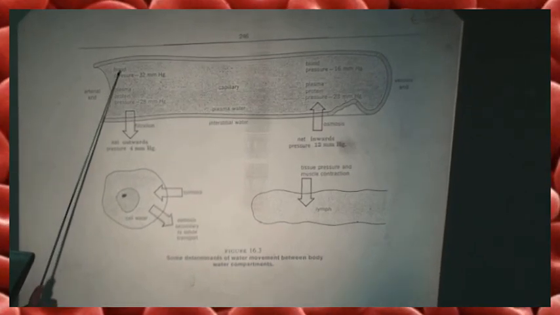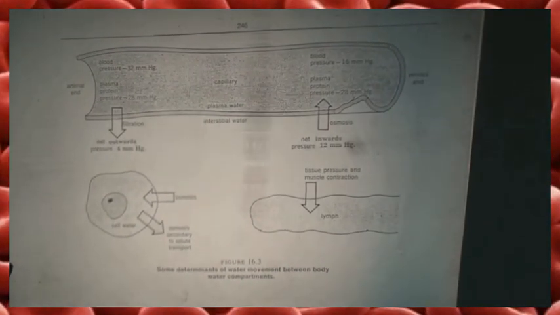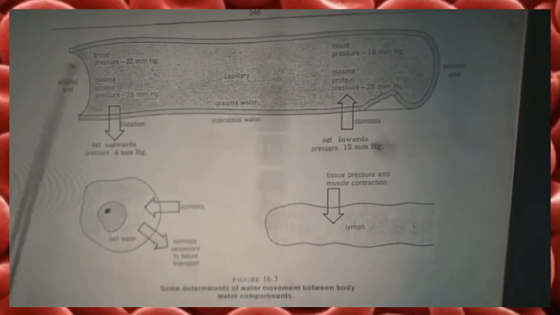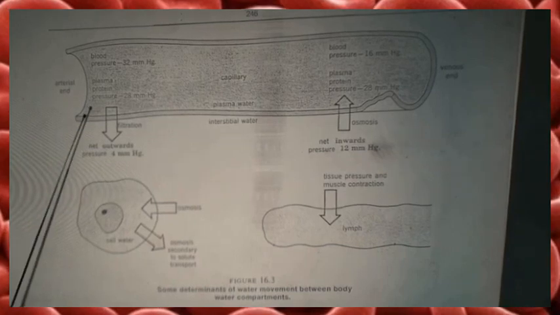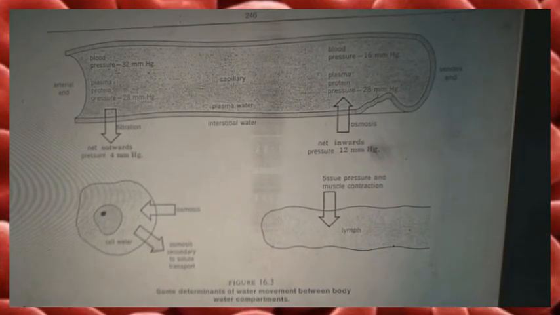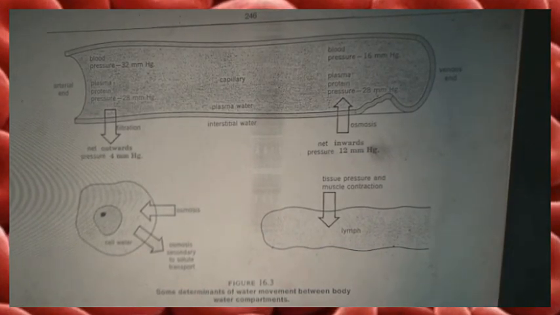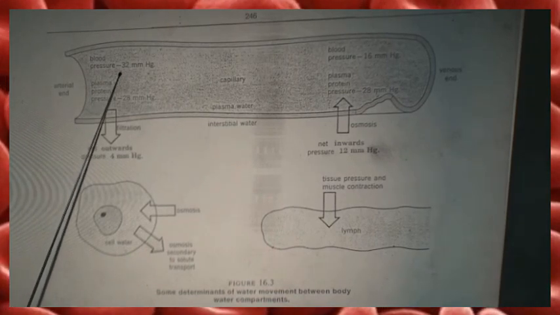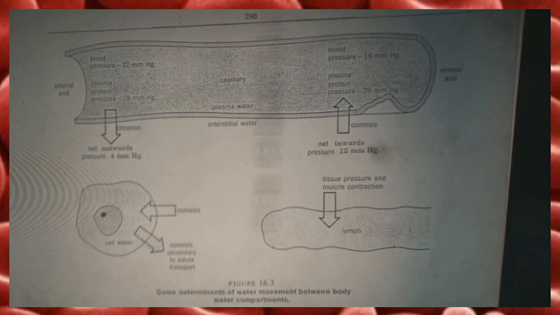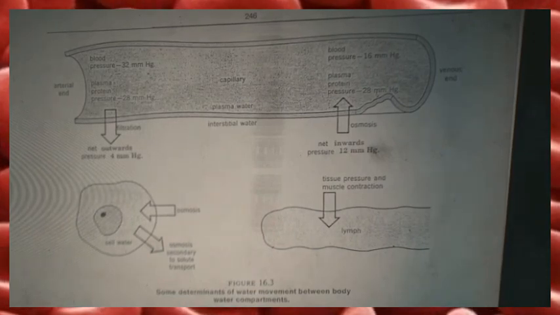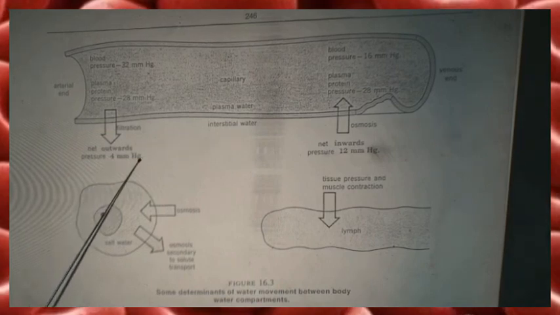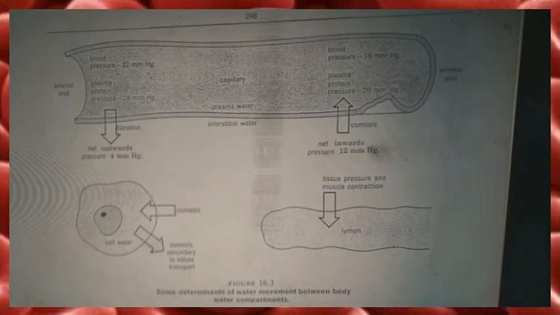At the arterial end, blood pressure is 32 millimeters of mercury, and colloidal osmotic pressure, if you remember, is 28. So there is pressure for the plasma to be filtered from capillaries into interstitial spaces, and the filtered plasma contains little protein.